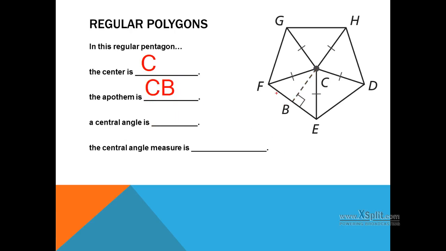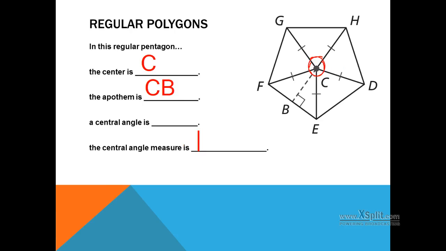Central angle. A central angle is going to be one of these 5 angles inside here. Actually, let me back up, these are interior angles, excuse me. With these angles here, we have a circle pretty much. Circles are always 360 degrees.